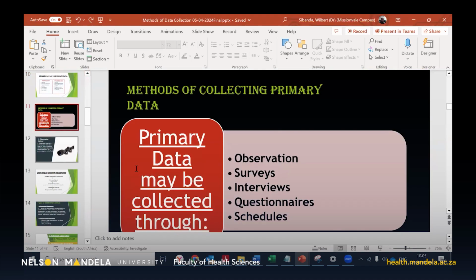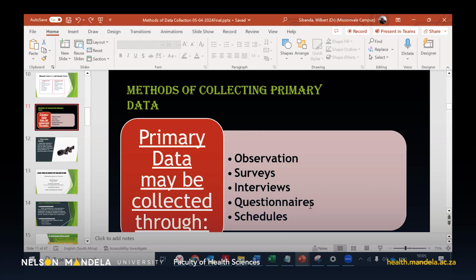Right here, this one here: observation, surveys, interviews, questionnaires, and schedules. I'll send you slides on observation. We just covered observation. I'll send you slides on surveys and how surveys are done, advantages of surveys, and I'll send slides on interviews. When do you do interviews? What are the advantages of interviews?